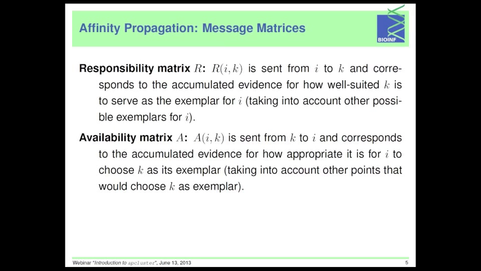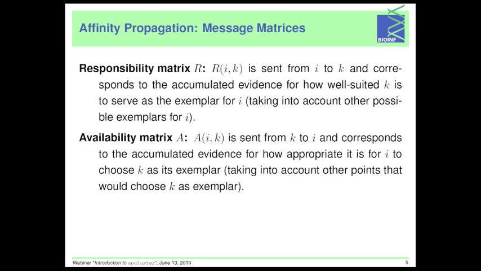So internally, there's a responsibility matrix and an availability matrix, and the responsibility matrix corresponds to the accumulated evidence how well suited the kth sample is to serve as the exemplar of i, taking into account other possible exemplars. So it's the gathered evidence how well k can be an exemplar in a crowd of other samples.